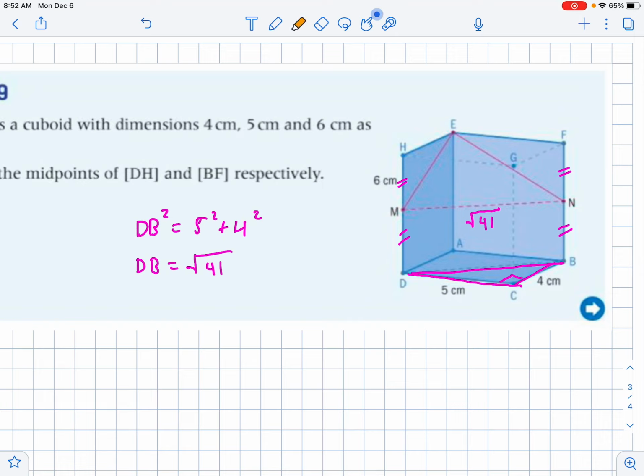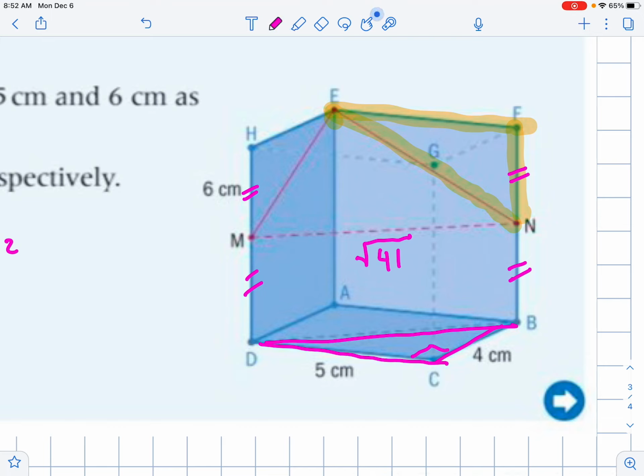Now, if I look within just this triangle right here, I know that this side is 3, because that's half of the 6 side, because N is a midpoint of BF, and because this side is parallel to this side, this is a 5.